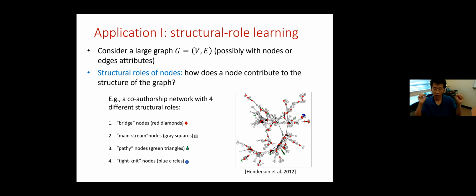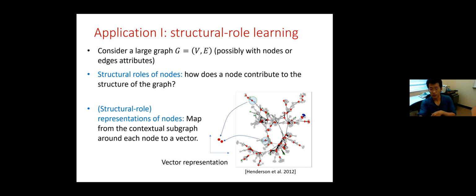Green triangles refer to the researchers that are peripheral in this network, and the blue circles here represent the researchers that have a lot of co-authors and have a homophilic neighborhood. So there are 4 different structure roles of these nodes.